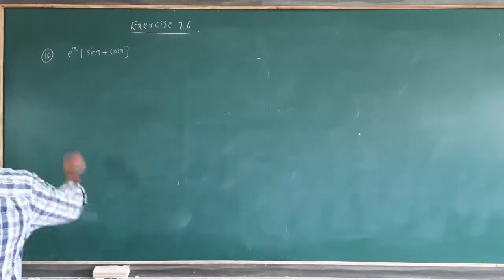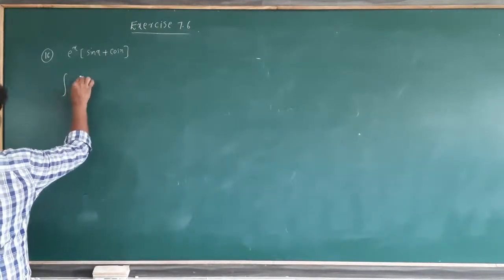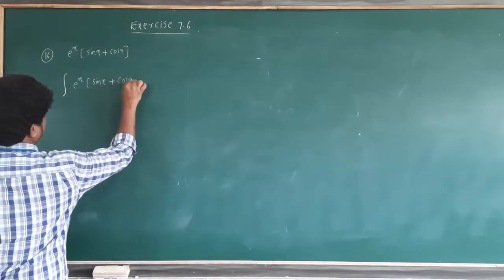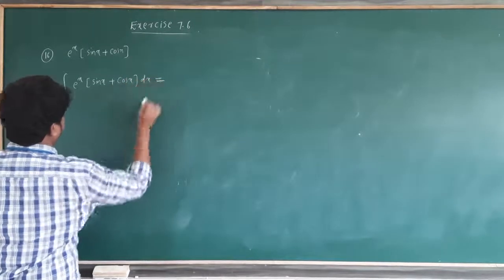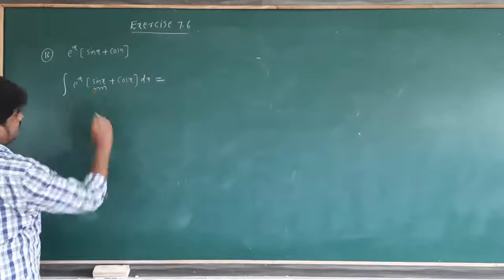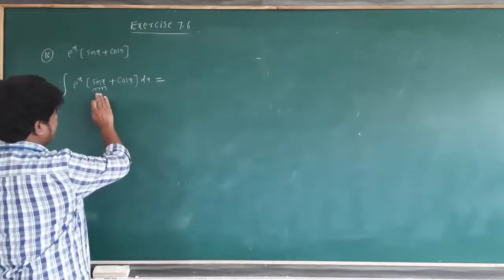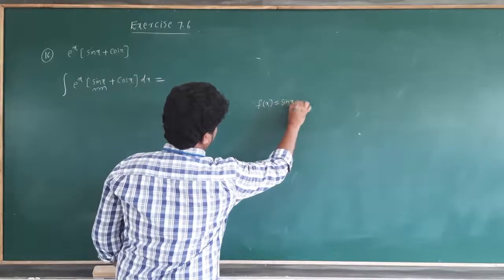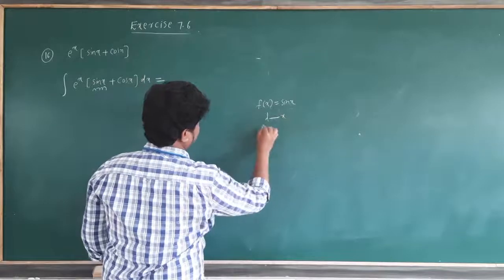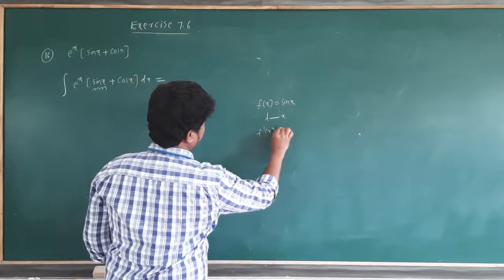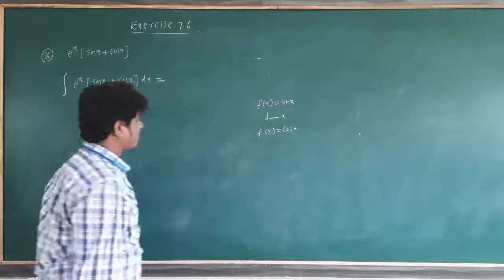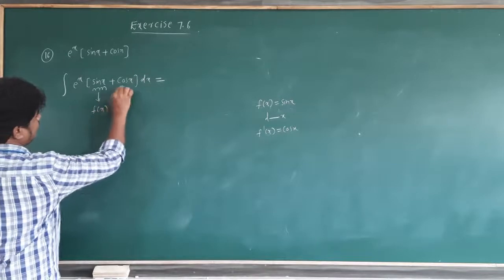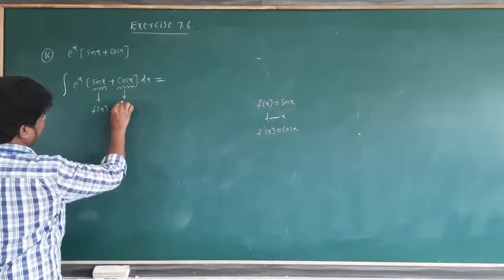Integral of e power x into sin x plus cos x dx is equal. Here take sin x as f of x. F of x is equal to sin x. Differentiate both sides with respect to x. What will be the f dash of x? That is cos x. Means if you take sin x as f of x, the second, cos x, became f dash of x.